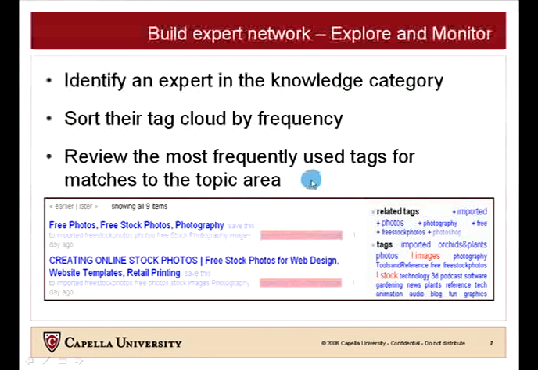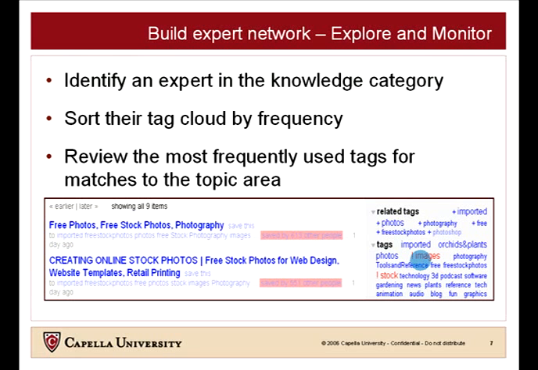All right, so now we're going to build our expert network in our topic area, and we're going to do that by identifying people and examining their tag cloud to find people who are involved in images, who submit a lot of image-related resources, who use the same tags as we do, and then we're going to subscribe to their activity on Delicious.